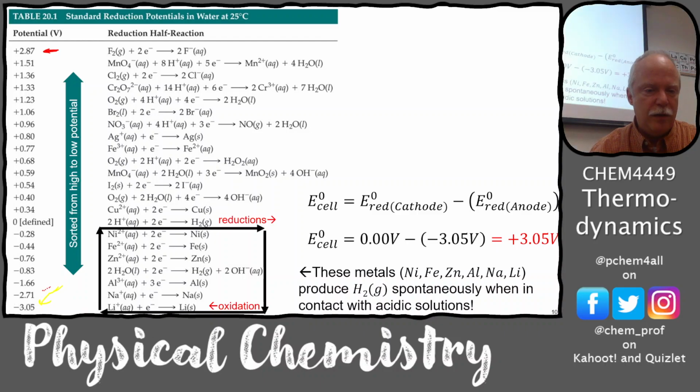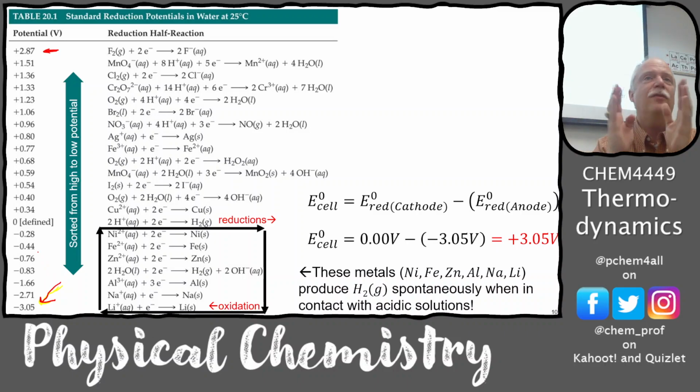Okay, so remember when we were looking at the thermodynamics tables, we said that we needed a reference state. For the enthalpy of formation and the Gibbs energy of formation, what was the reference state for those tables? A little bit of review.